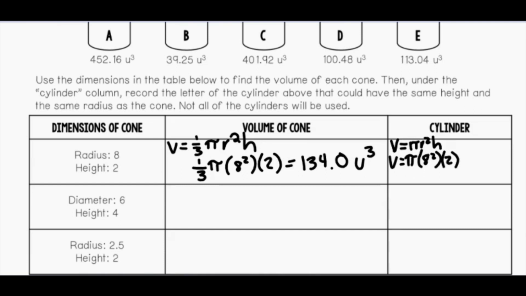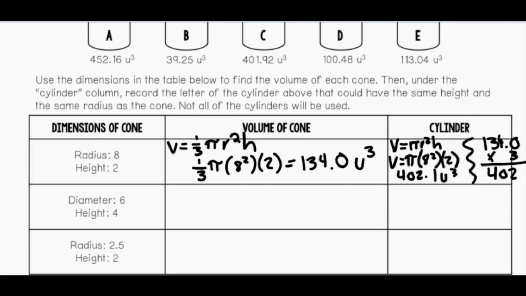And when you do that, you get 402.1 units cubed. Or, because we know a cone is 1/3 of a cylinder, you could just take the volume of a cone, 134.0, and multiply that by 3, and you'll get 402.